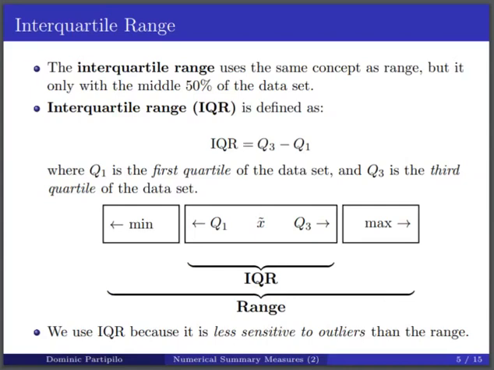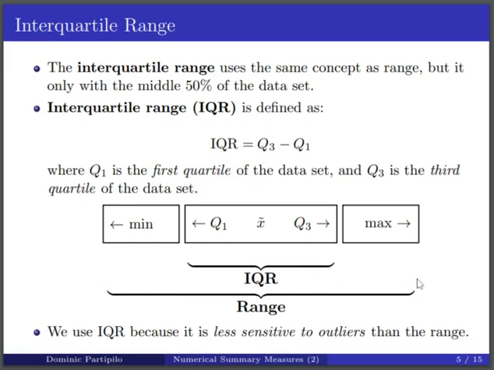If we want to get a feel for the difference between IQR and range, we can look down here. The length of this middle rectangle represents the IQR. It's the distance between Q1 and Q3, whereas the range is the distance between the min and the max.